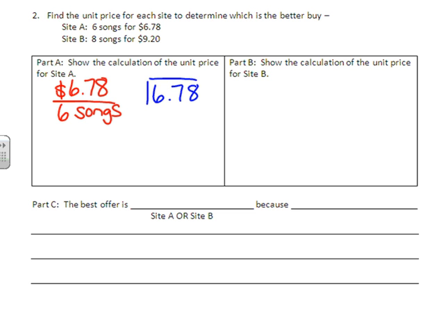$6.78 divided by 6. Okay, 6 goes into 6 one time. 1 times 6 is 6. Subtract, bring down the 7. 6 goes into 7 one time. Subtract and get 1. And bring down the 8. 6 goes into 18 3 times. So I have the digits 1, 1, 3.